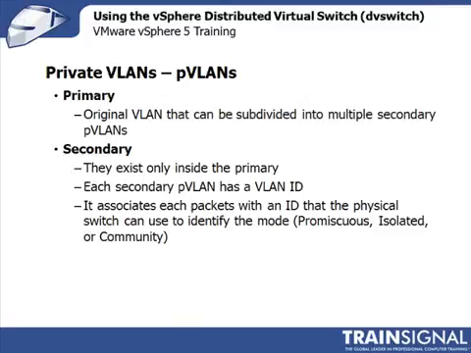And we're going to talk about this in the next slide here, but I just want to give you a general overview. I know this might not be very clear right now, but I'm going to show you a figure that further clears this up, but it's going to become very clear once we go into the GUI, because I'll be able to show you how you can tag this ID. So let's move on to defining what the promiscuous, the isolated, and the community mode for a secondary private VLAN can do.